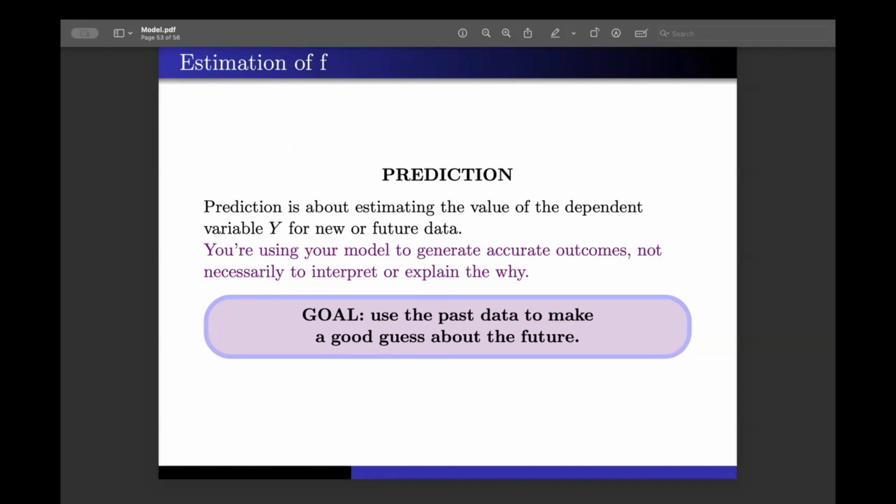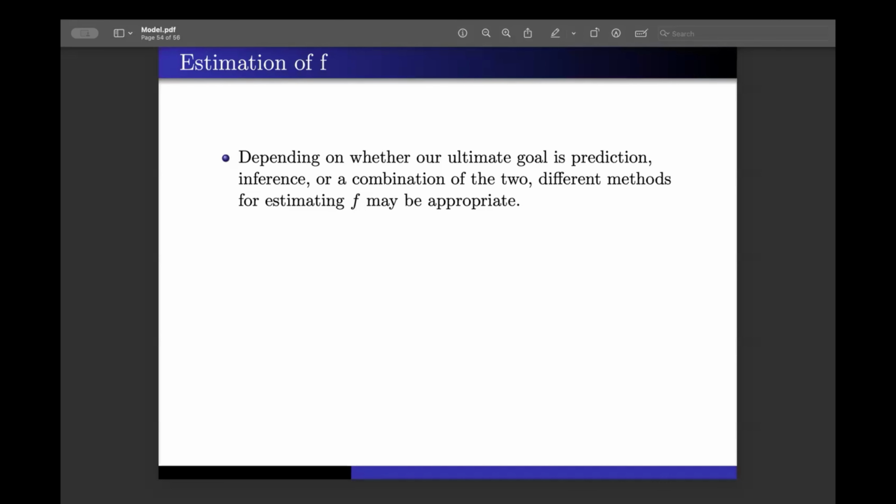Prediction is not about explaining the relationship between the independent variable and the dependent variable. Using all the information you have about the variables present in the data set, you are using it to make future guesses.